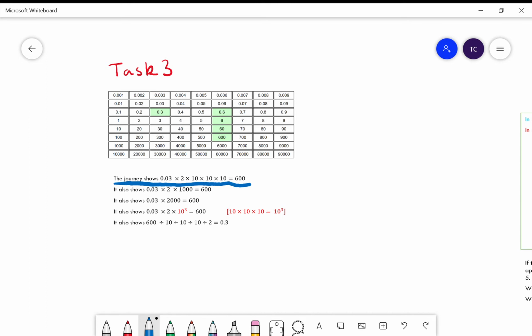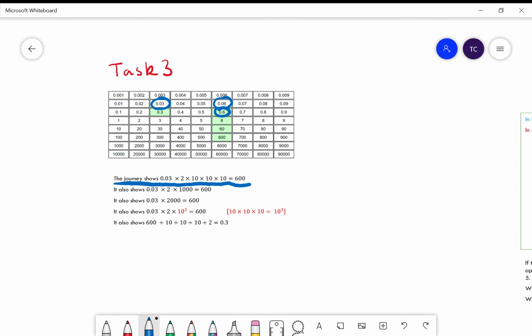So the first one, we're starting at 0.03 multiplied by 2 times 10 times 10 times 10. So 0.03 is here, and if I multiply that by 2, well, I'm doubling it, and it will give me 0.06. And then if I multiply that by 10, it gives me 0.6.